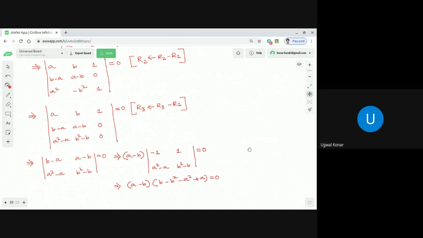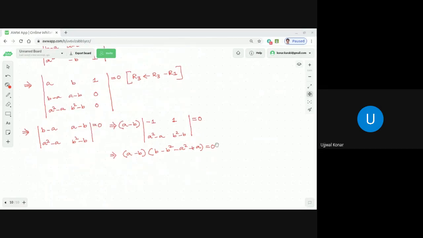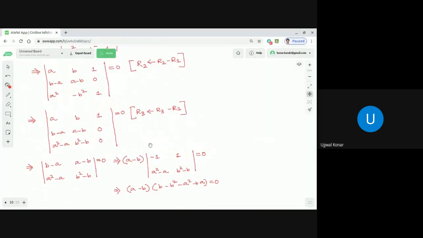Okay, just a minute. Yes, there's a small mistake I have made. That is minus b square, so it should be minus b square here. So it should be minus b square into minus 1, so b plus b square. Okay, b plus b square minus a square plus a.